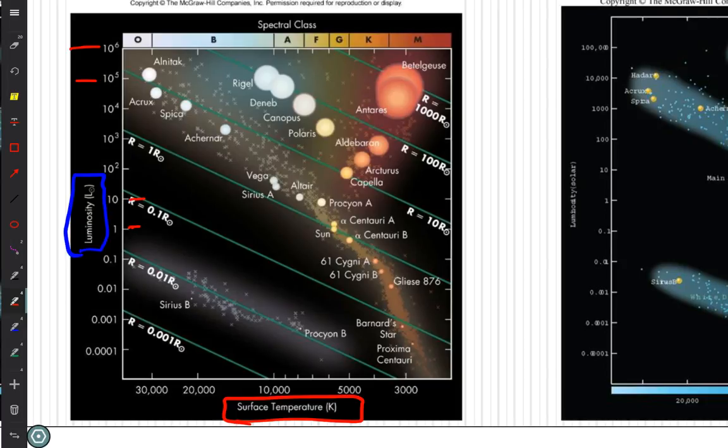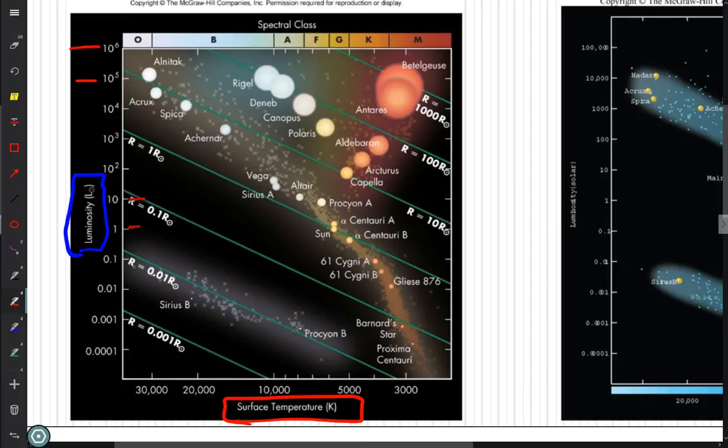So at the top, the differences are much bigger for the same size of thing on the graph. It's not linear. If you look at the horizontal axis, notice that hot is on the left side, cool is on the right side. And once again, the space between 20,000 and 30,000, a difference of 10,000, is about the same as the difference between 3,000 and 5,000, which is only 2,000.